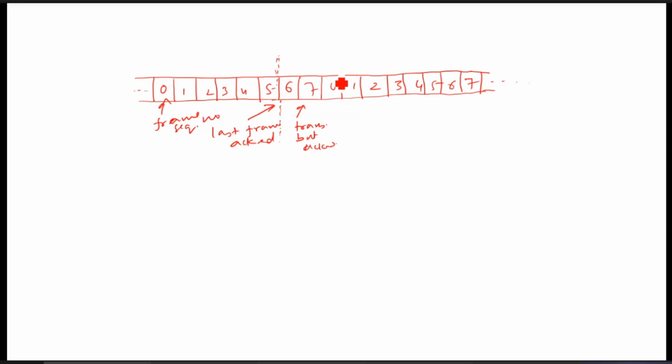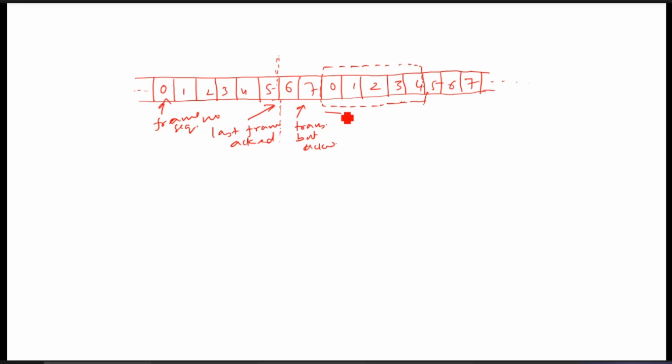Right? 6 and 7, and you see these are the frames 0, 1, 2, 3, 4.